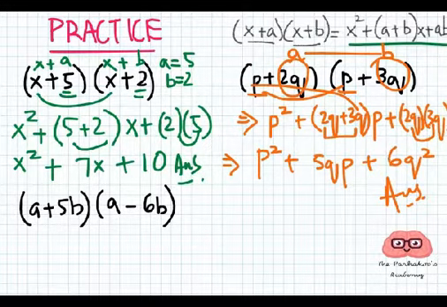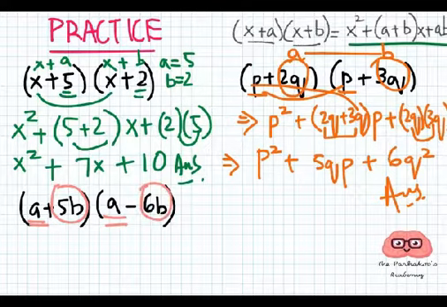Now let's try to do this one. Here we have the first term similar and the second term is different in both of them. So here this is a and b, but b is along with the minus sign. Since the formula has plus in it, the sign of 6b is minus.